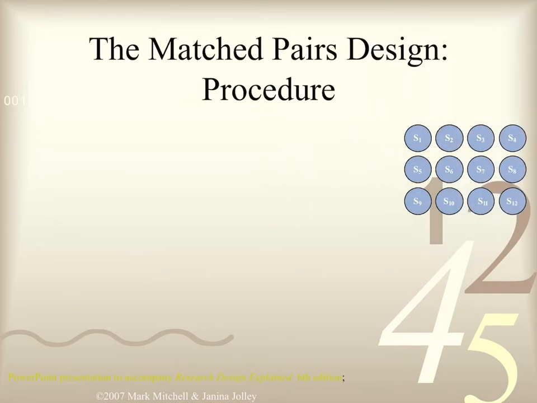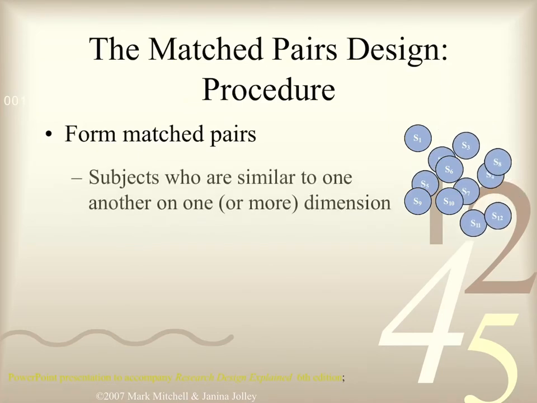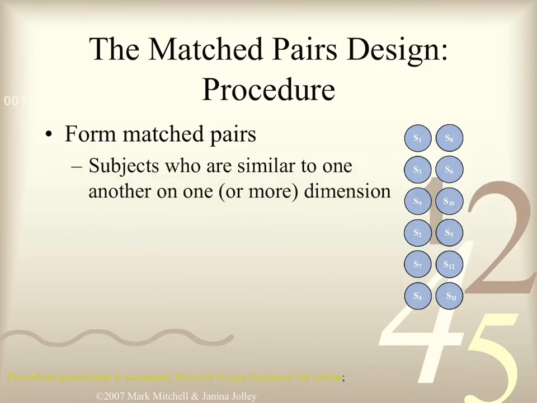So what we want to do is, first of all, to form matched pairs. Okay? So what we're going to do is to find participants who are similar to one another on one or more dimensions. So if we're concerned that IQ is going to increase people's scores, maybe we want to match people on their IQ.